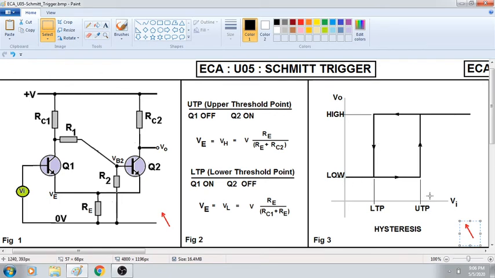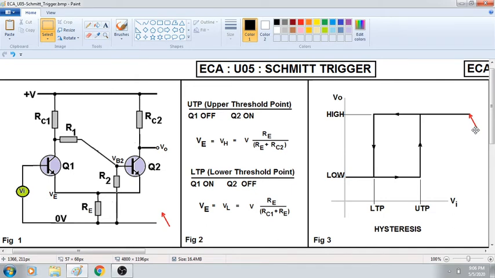That means the variation can be from low, it can move like this. This is the path it will take. At UTP there will be a jump from low to high. Whenever the input voltage crosses UTP from the lower side, the output will jump from low to high. And if input continues, it will continue to remain high up to this point, even more.